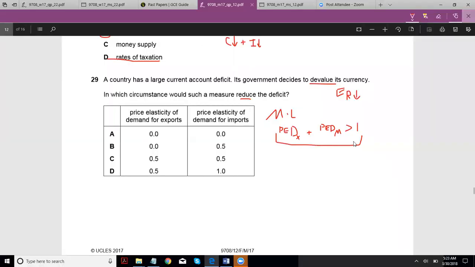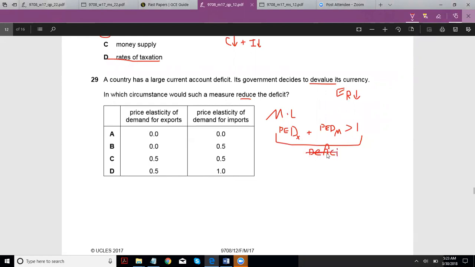If you add their elasticities and that is greater than 1, again ignoring the negative sign here, then in those cases depreciation or devaluation is fruitful and the deficit should reduce, eventually going to a surplus.